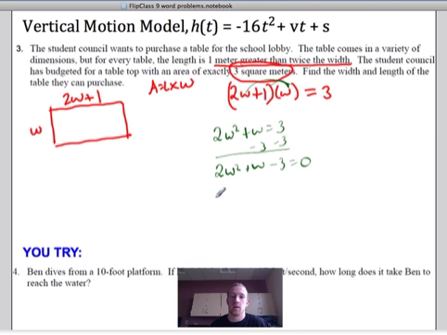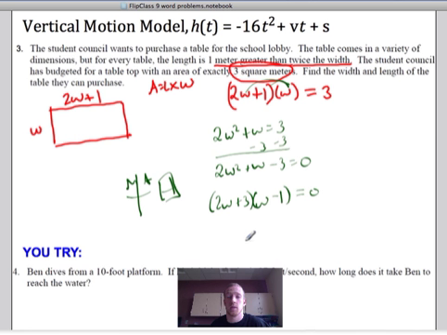So we're going to factor this. At this point you should know how to factor that, so I'm not going to go through all the steps. If you want to pause the video right now and try to factor it on your own with the table and then the grid method, that's fine. But we're going to get a 2w and a w, and then that's a minus 1 and a plus 3 there. So that's how that factors.